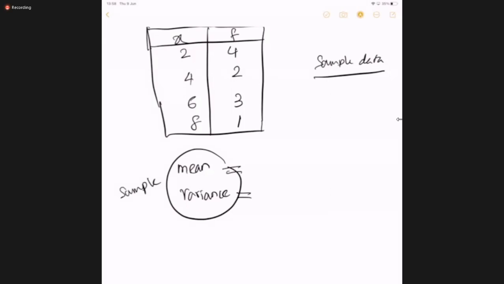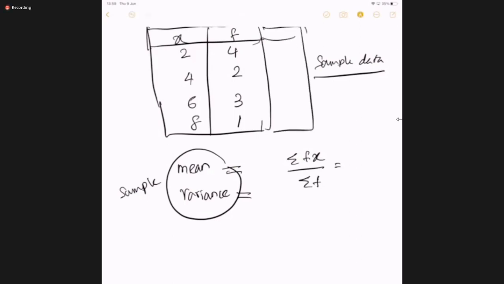Right. So the mean can be calculated using the formula sigma fx divided by sigma f. Now what is sigma fx? You need to multiply f and x. So construct another column for fx. It is 2 times 4, 8; 4 times 2, 8; 6 times 3, 18; 8 times 1, 8.